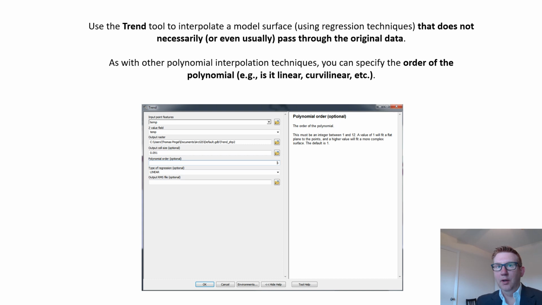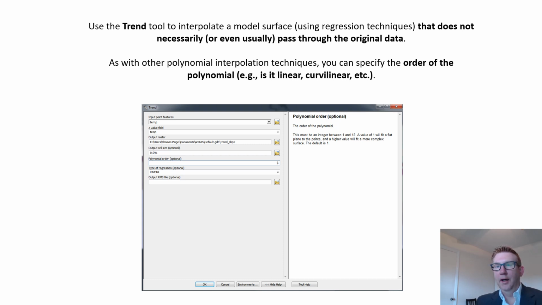Like a lot of other polynomial interpolation techniques, you can specify the order of the polynomial. The order of the polynomial essentially corresponds to how many terms go in here. If you think about a common algebraic expression, y equals mx plus b, that's a very low polynomial order. That's a polynomial order of 1.